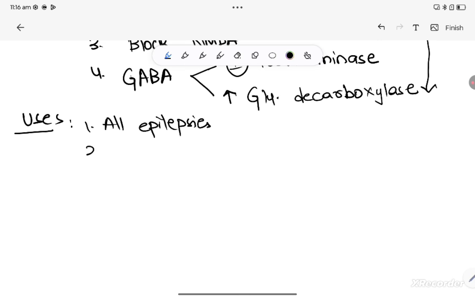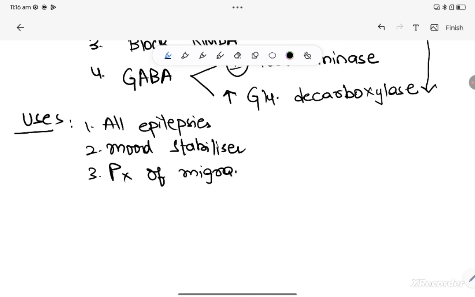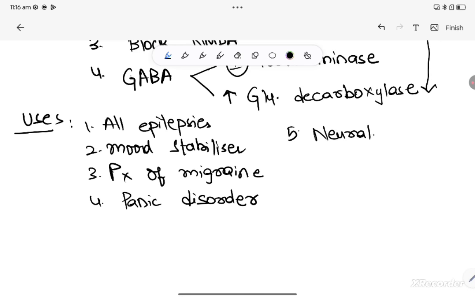And then it is also a mood stabilizer. It is also used in the prophylaxis of migraine. It is also used for the treatment of panic disorders and can also be used in some neuralgias as an add-on drug.